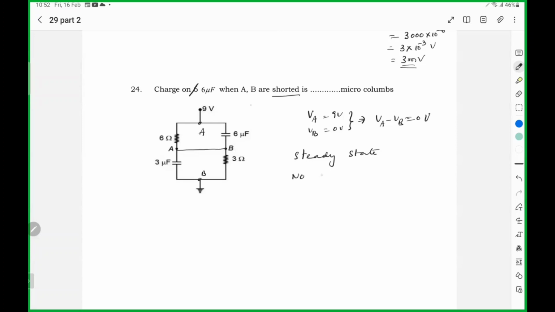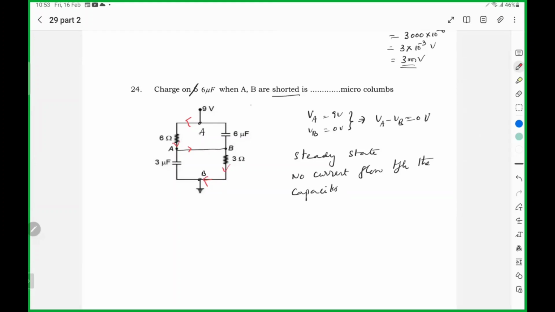Steady state, no current flows through the capacitors. Then here current flows like this. Again, it's a steady state, current will not flow. Like this current flows.